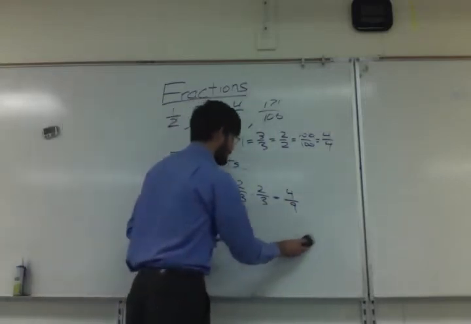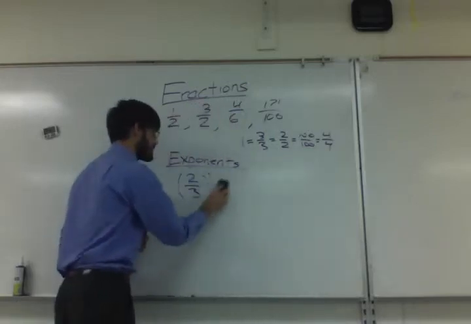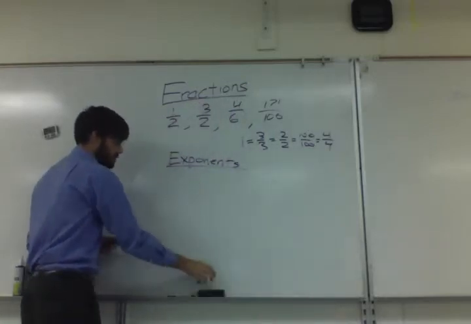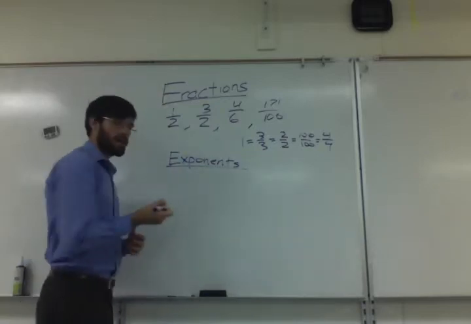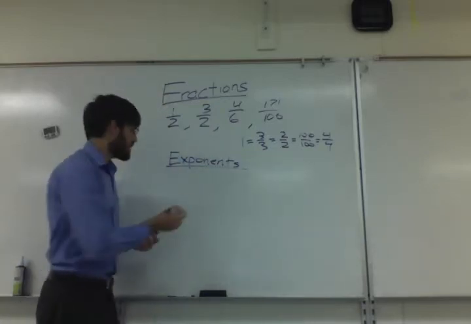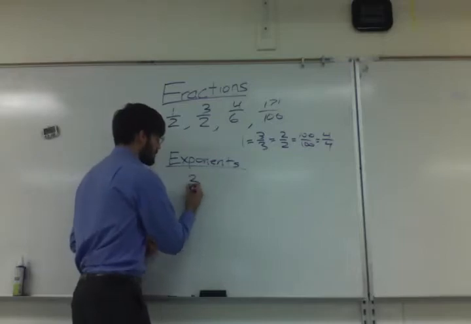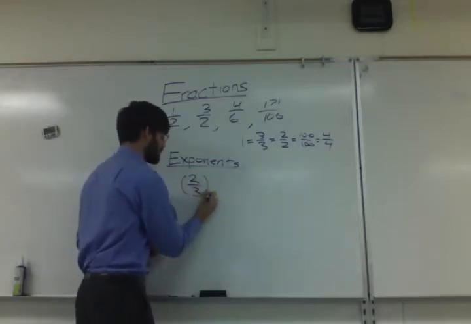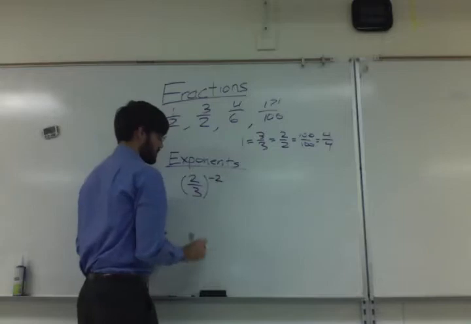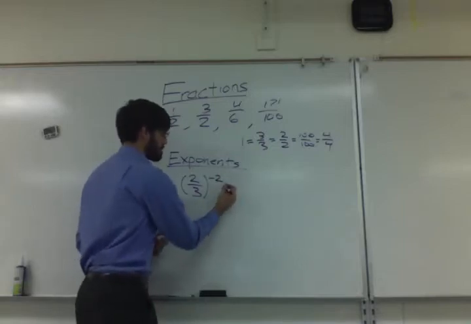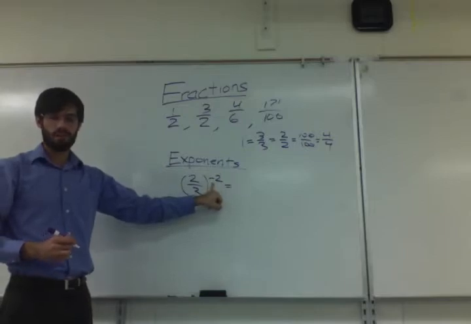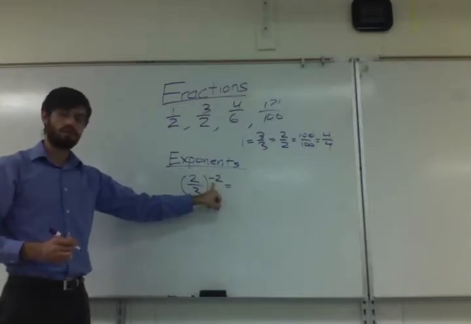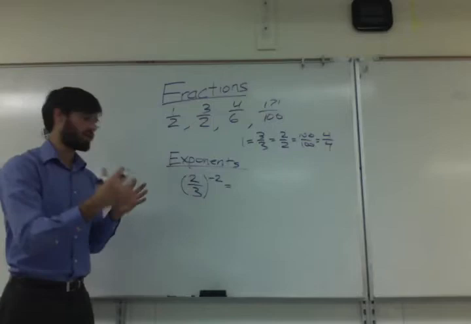Okay? So exponents with fractions, they really work the same way that exponents work with whole numbers. The last thing that I want to talk about is negative exponents. So if I have 2/3 to the negative 2, a negative exponent means that we take the reciprocal of whatever the exponent is being applied to.